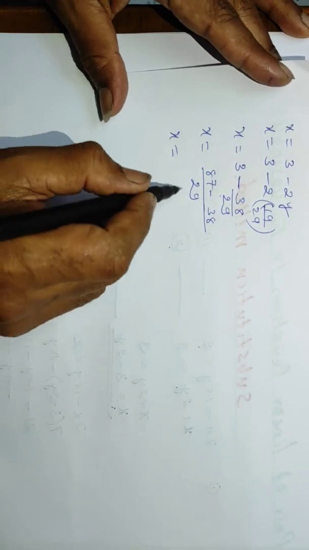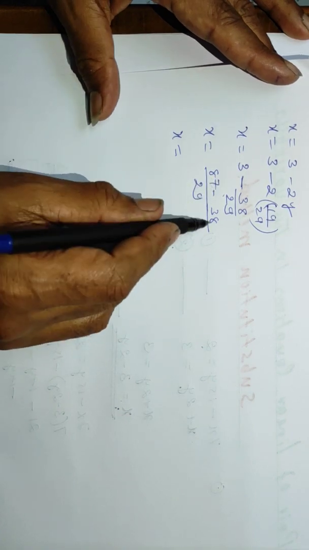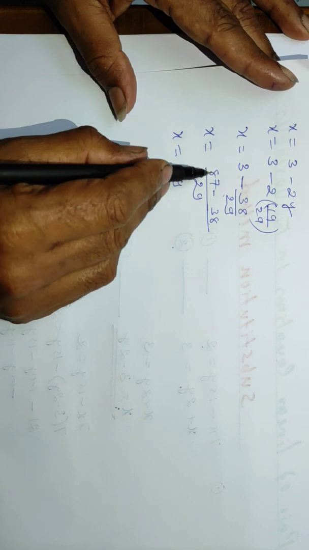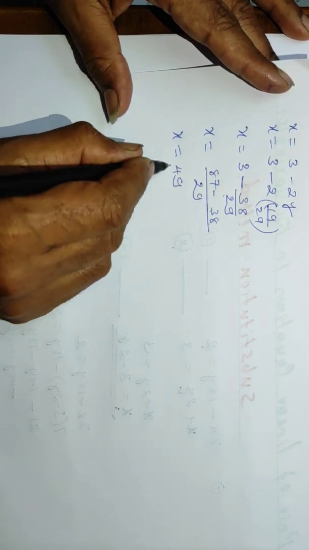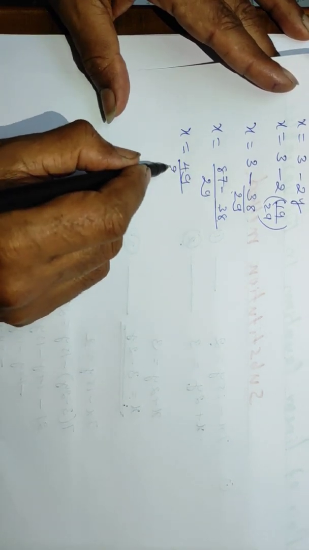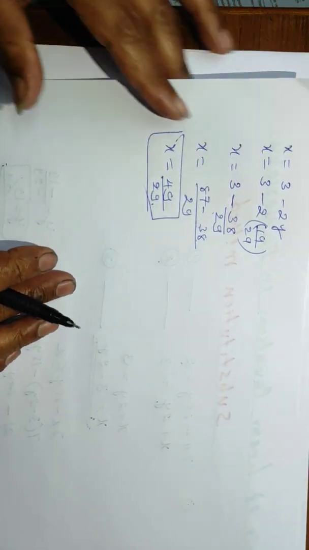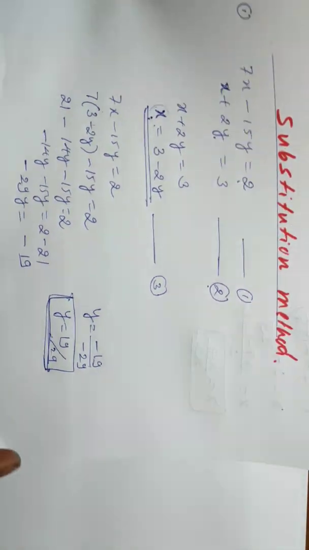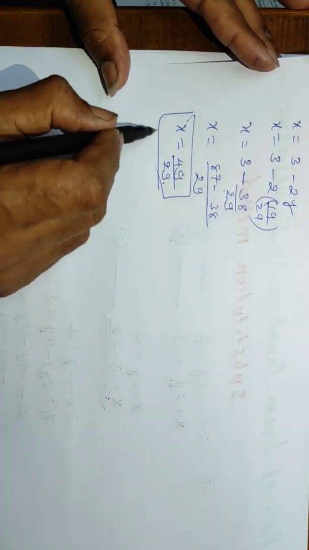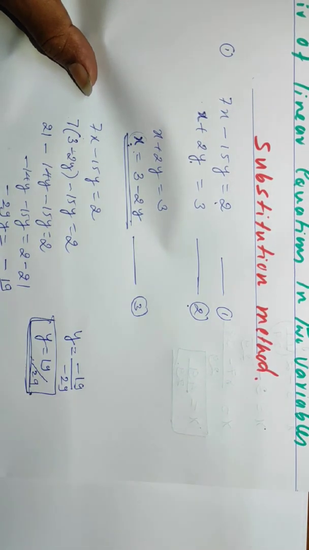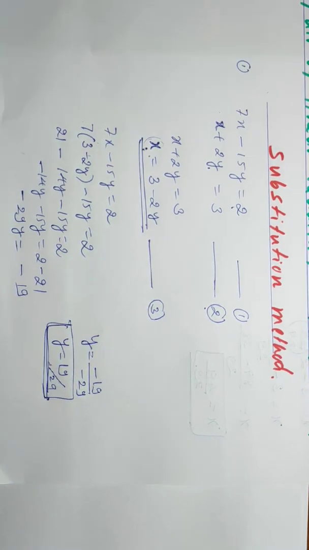So x equals 87 minus 38, that is 49 by 29. So we have found both the values of x and y by the substitution method. x equals 49 by 29, y equals 19 by 29.